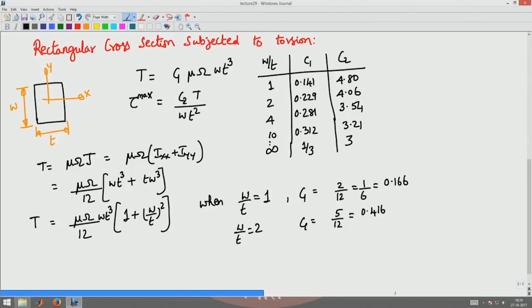Having understood this, similarly what we had from the previous expression, tau max would have been T by j into r, where r is the maximum distance from the center of rotation, which is the CG of the cross section, which would be in this case this point A. But the point A has to have 0 shear stress, and that is why this section warps.